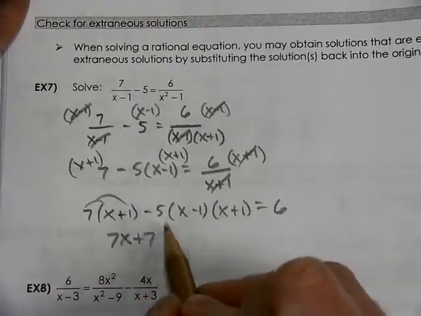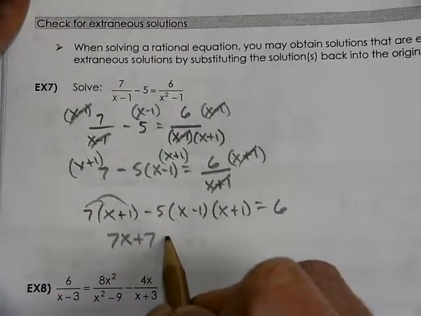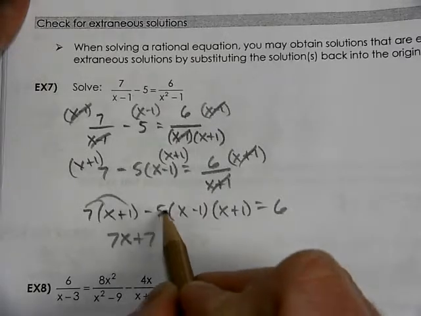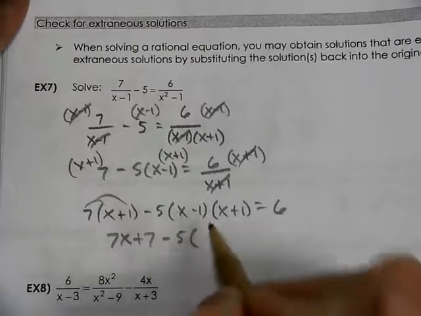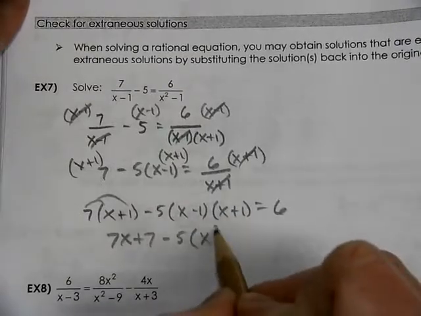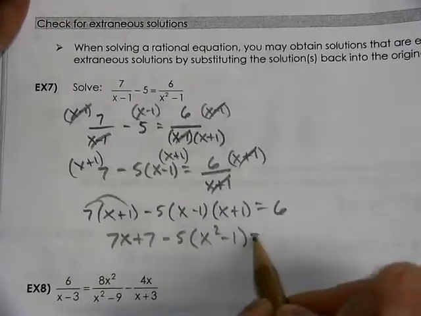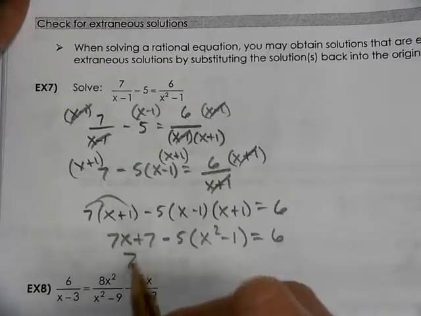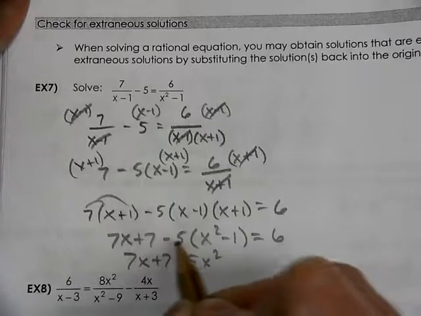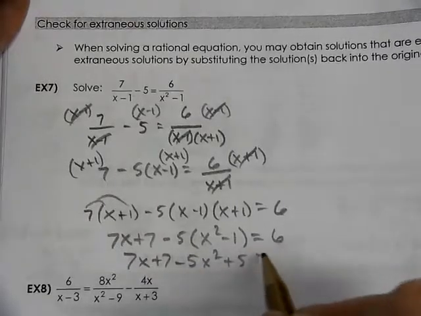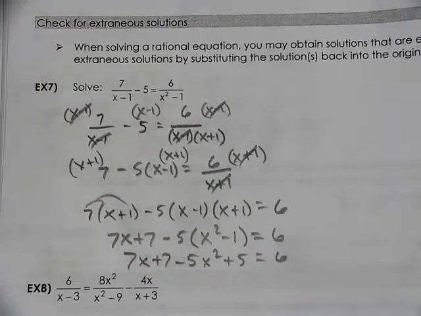7x plus 7. Here we would multiply through, we could say negative 5, FOIL this together to get x squared minus 1. And then negative 5x squared plus 5 equals 6.